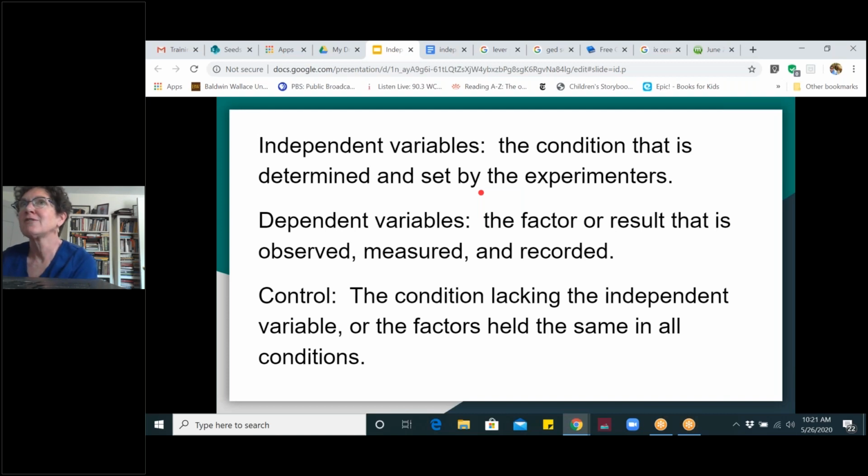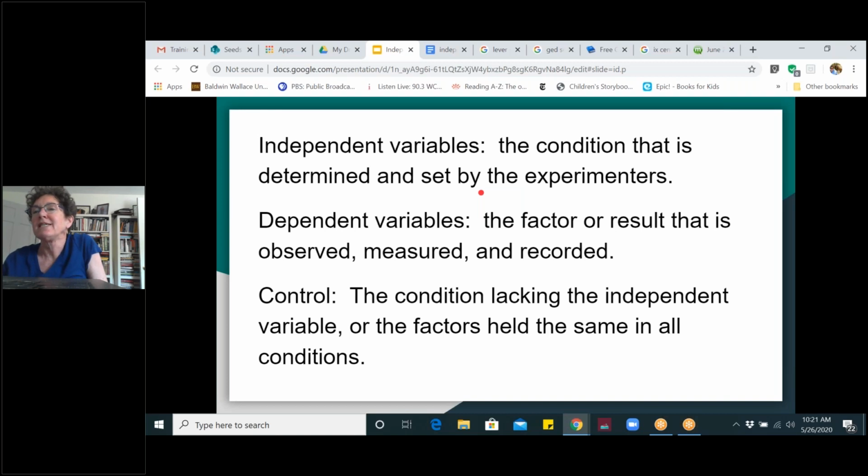At the end of the experiment, what were we looking for? The change in the plant that has the fertilizer. What kind of change? The size. Okay, so remember that we measured the size of both groups of plants, the plants that got the fertilizer and the plants that did not get the fertilizer.